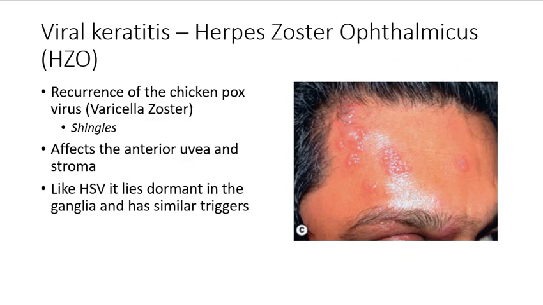The other type of viral keratitis that you will commonly see in clinic is herpes zoster ophthalmicus, or HZO, and this is where the patient develops a recurrence of the chickenpox virus, which is called the varicella zoster virus, and you'll hear this referred to as shingles. And what happens is the anterior uvea and the stroma are affected, and like the herpes simplex virus, it lies dormant in the ganglion cells and has very similar triggers.